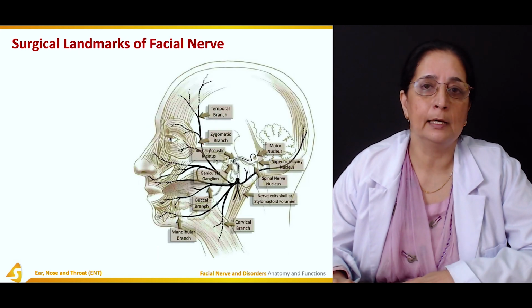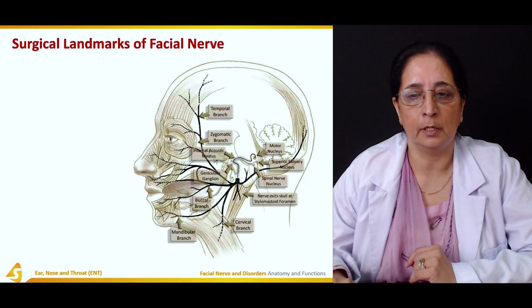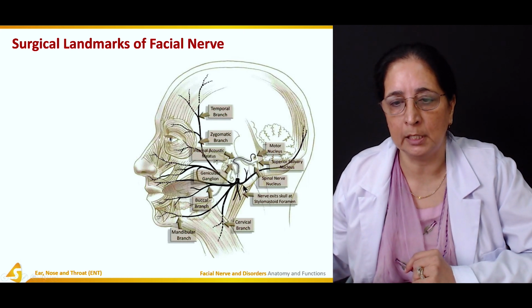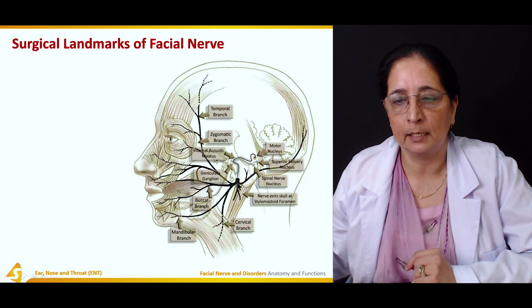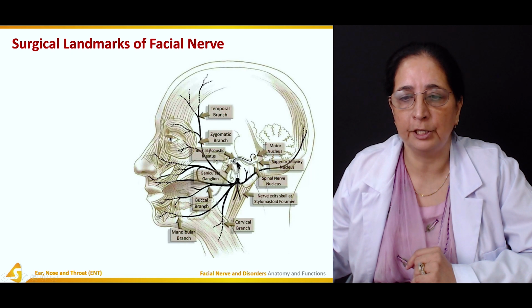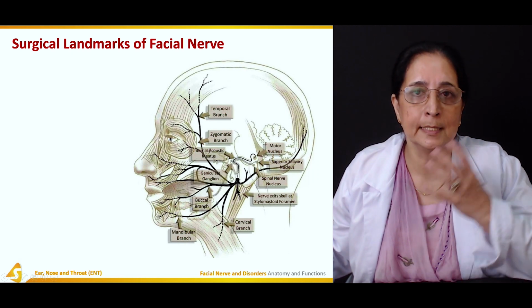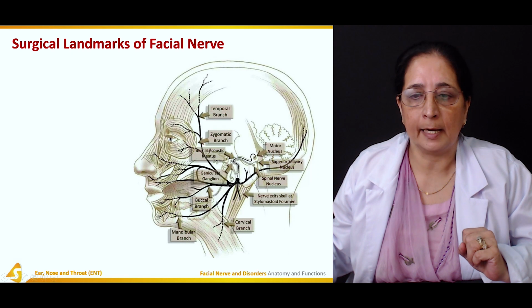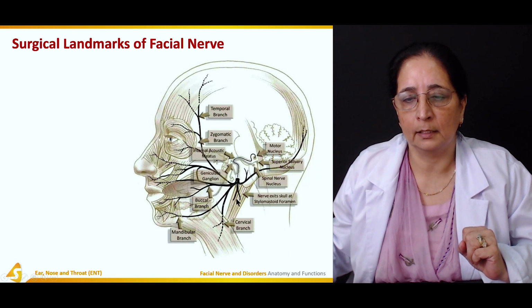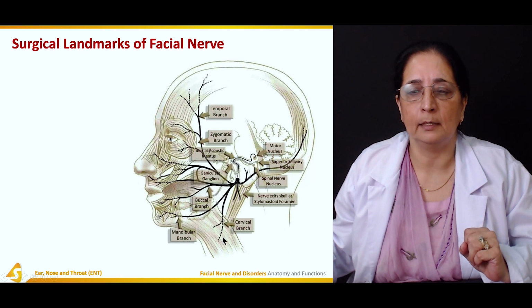Next, surgical landmarks of the facial nerve. These are again pictures that show this is the exit. Here, from the stylomastoid process, the facial nerve comes out of the skull. Then here it divides into 5 branches: temporal, zygomatic, then we have buccal, mandibular, and cervical branch.